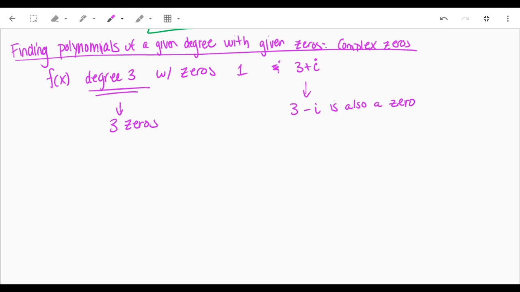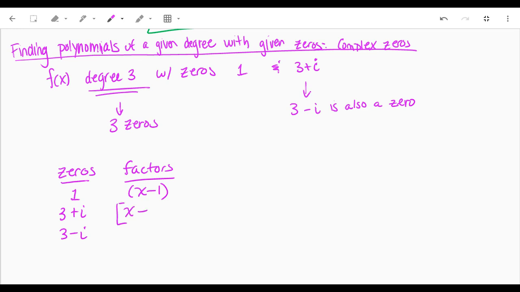So what we need to do to get this polynomial is take the zeros to get the factors. So our zeros are 1, 3 plus i, and 3 minus i. So our factors will be x minus 1, x minus 3 plus i, and x minus 3 minus i.